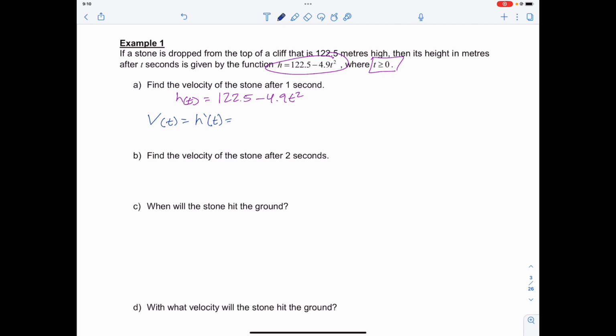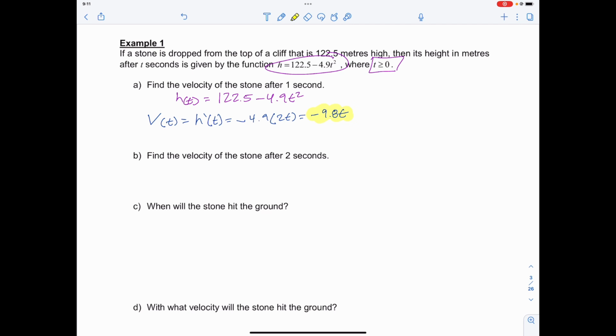If I take the first derivative, it's going to be negative 4.9 times 2t, or negative 9.8 t, which is always going to tell me my velocity.